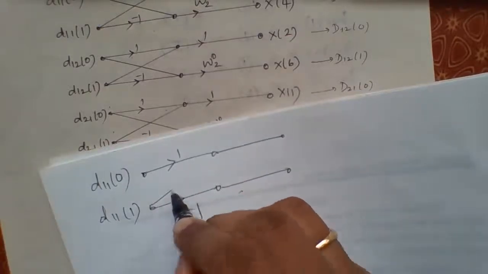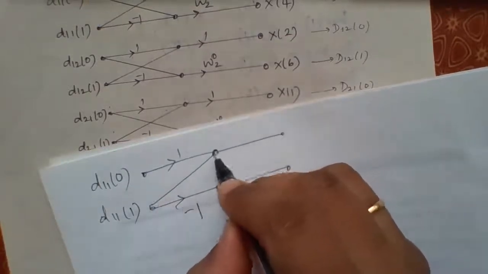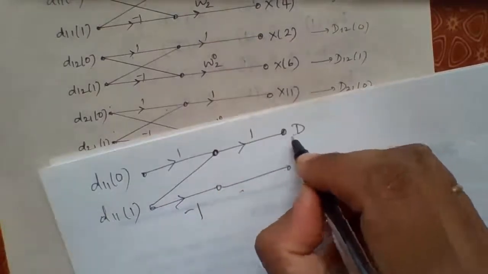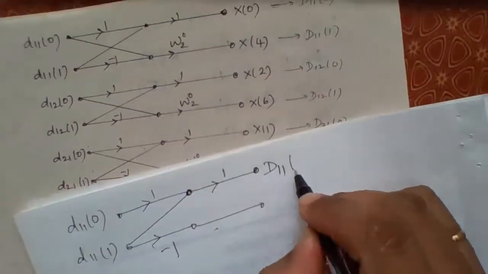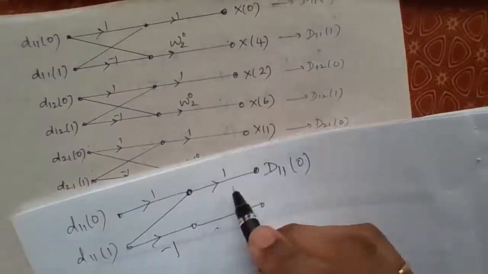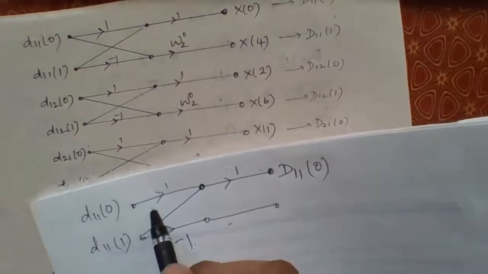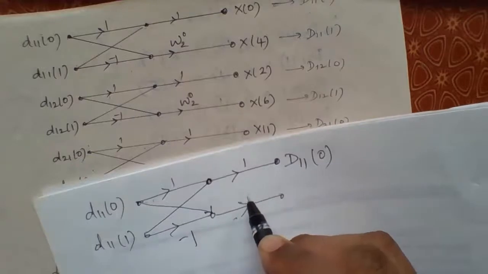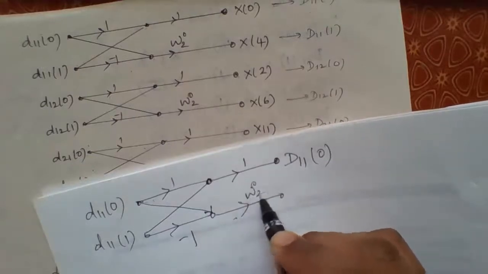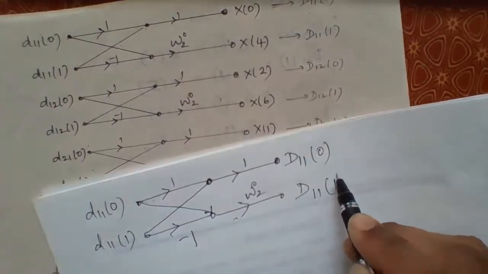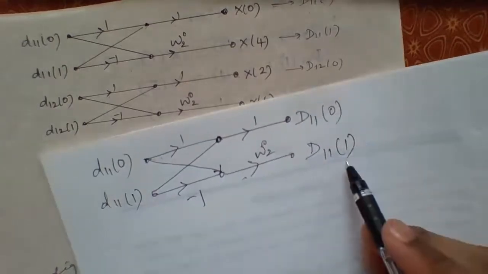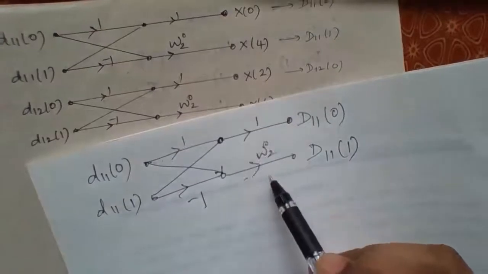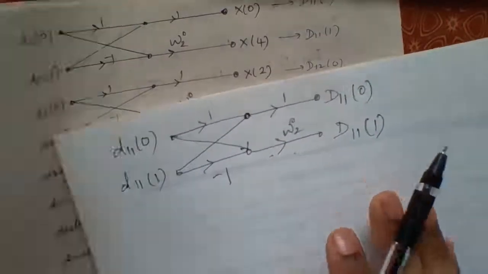When these two samples are added and multiplied by 1, I am going to get a DFT, as the equation itself says, D11 of 0. Similarly, when those are subtracted and multiplied by the corresponding Twiddle factor, I am going to get D11 of 1. This is for one, I am writing for the two equations. Similarly I will have to complete the remaining part.